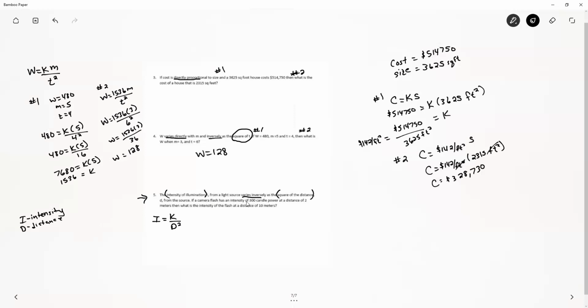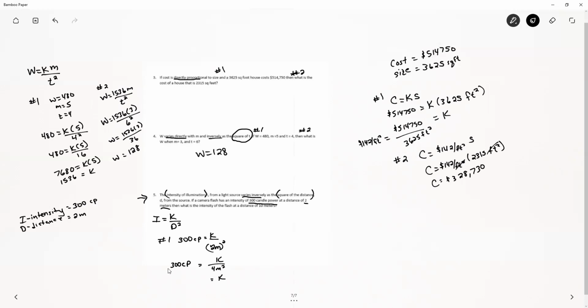All right, so let's see, 300 candle power and a distance of 2 meters. If you're not sure which is which, always try to find the one that you know. Well, we know distance, 2 meters. So intensity would be 300 candle power. I'll put CP. So part 1, 300 candle power is equal to K over D squared, so K over 4 square meters is equal to 300 candle power.